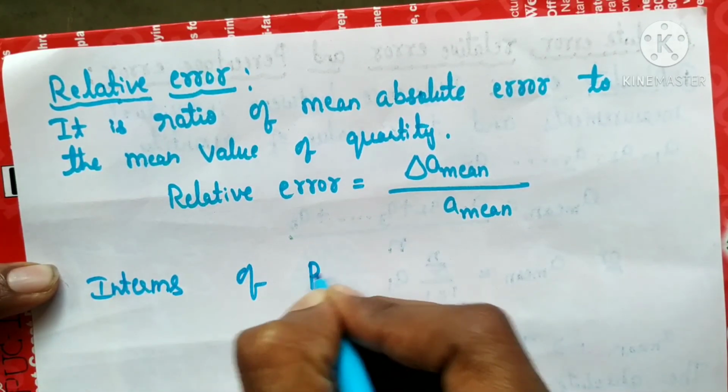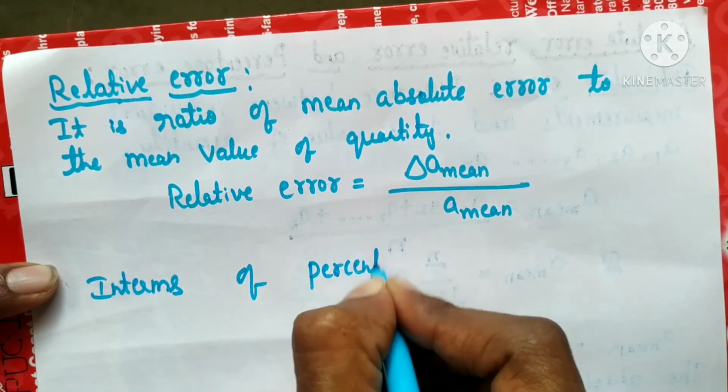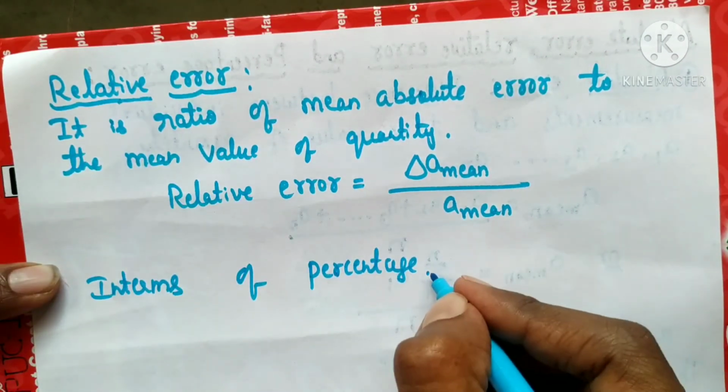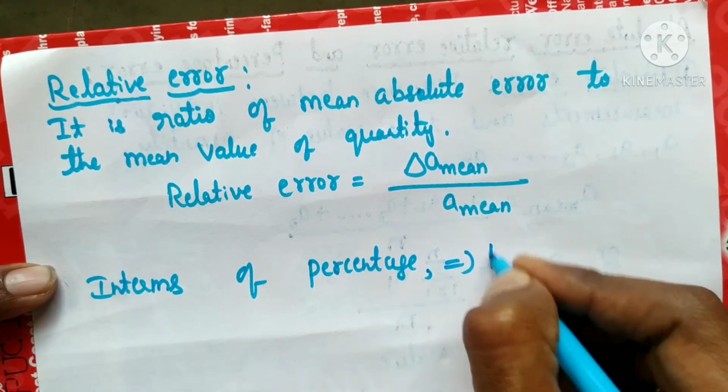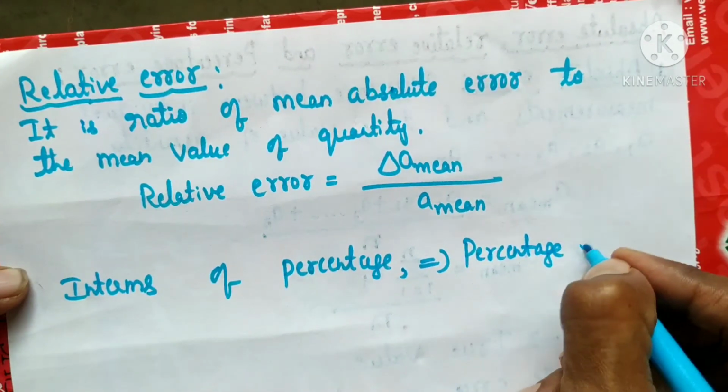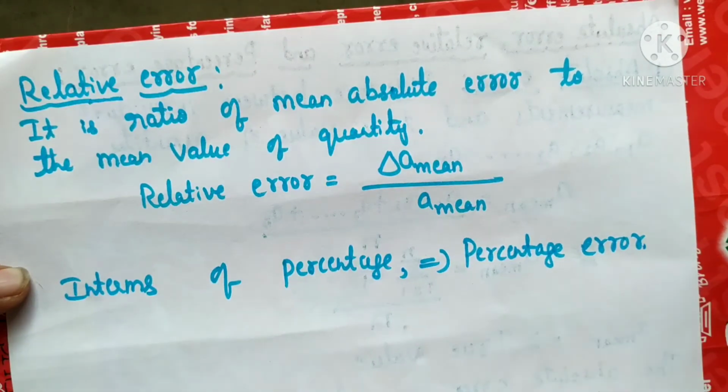Okay, and now if we express this relative error in terms of percentage, that becomes percentage error. How to express that?